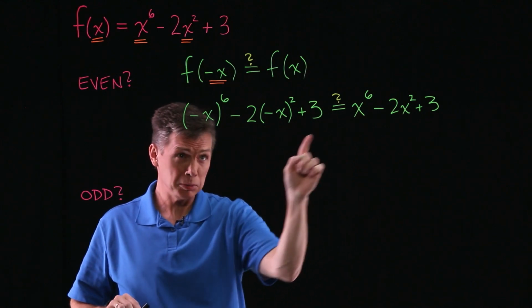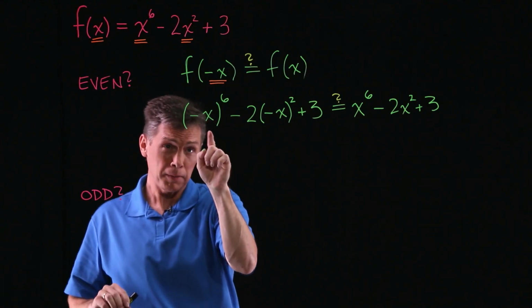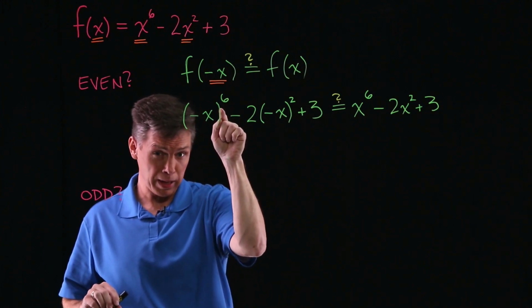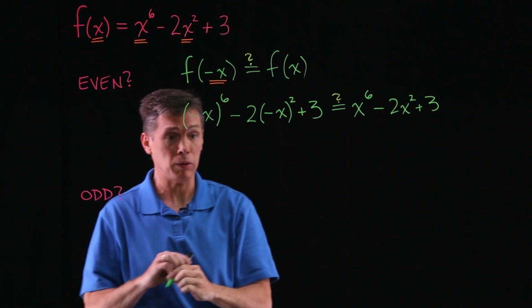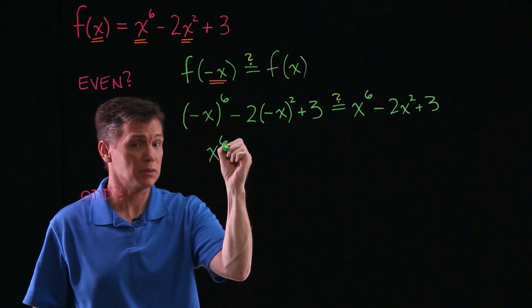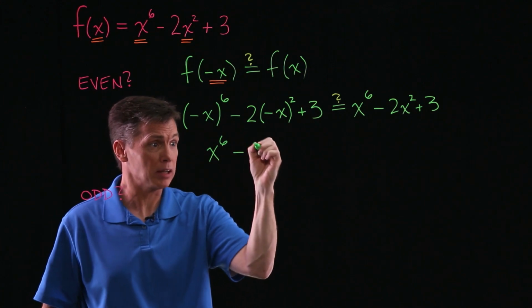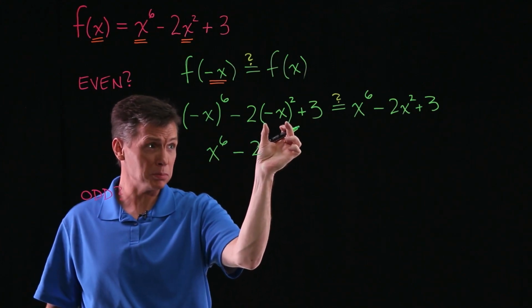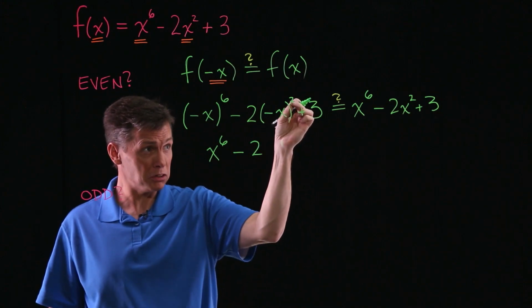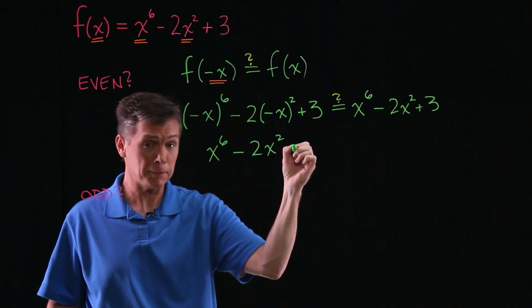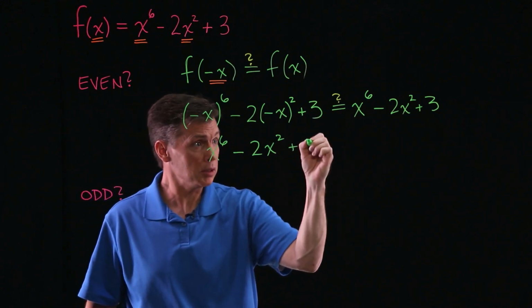My algebra is just going to be to clean up this left-hand side, because if I have a minus x raised to the 6th power, an even power, that actually just simplifies to x to the 6th. I still have my subtract, coefficient of 2, and now I'll simplify this minus x, again raised to an even power, so it becomes x squared. There's still a plus 3.